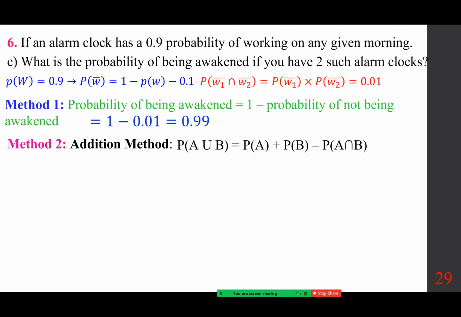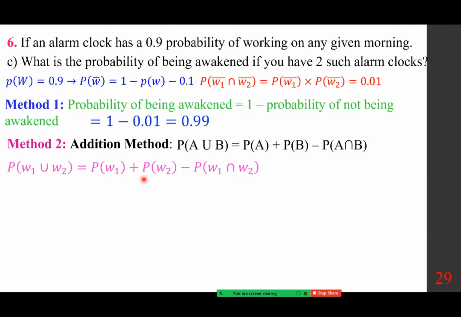So the probability of W1 union W2, that means the first one working or the second one working. Following this formula, it is probability of W1 plus probability of W2 minus the probability of W1 intersection W2.